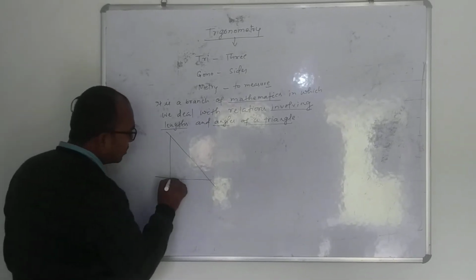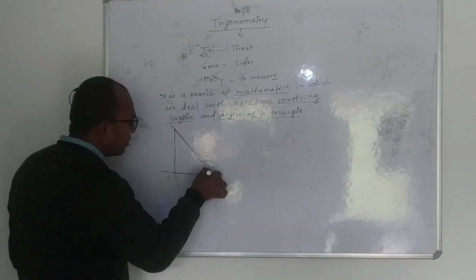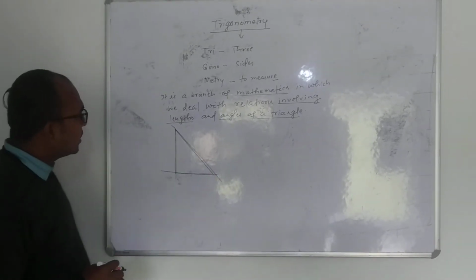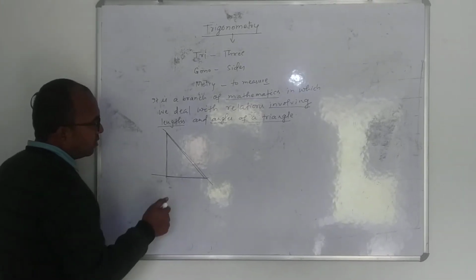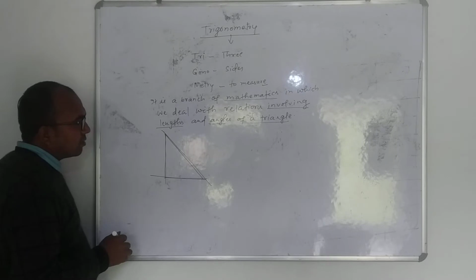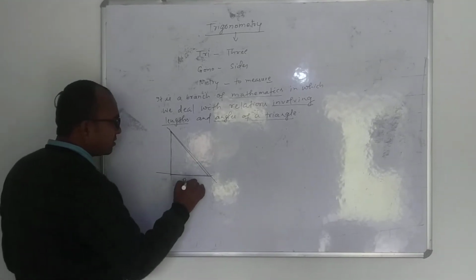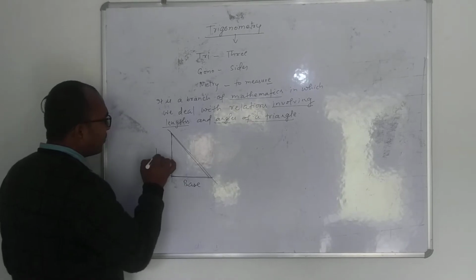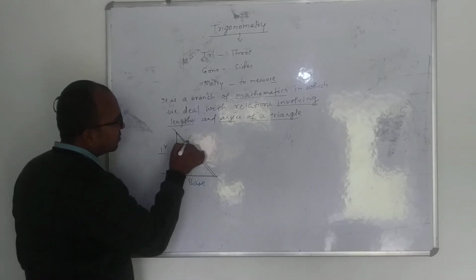Lengths here, what? This one and this one. So friends, if we talk about a right angle triangle, then here we deal with what? Base, perpendicular and what? Hypotenuse.